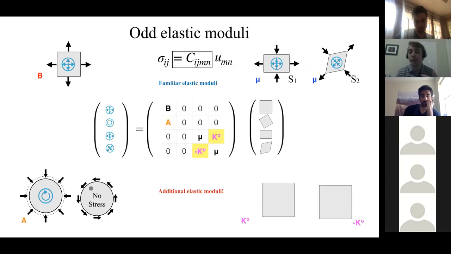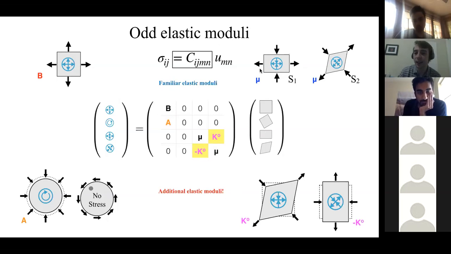Likewise, there's this modulus that resembles the shear modulus in that it couples the shear strain to shear stress, but it does so in an anti-symmetric way, and we'll call it K0 or K odd.